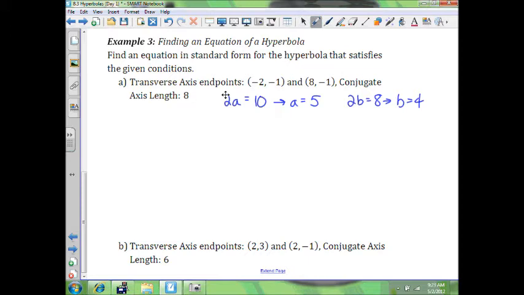Now your center of this hyperbola will be the midway point between (-2, -1) and (8, -1). Halfway between -2 and 8 is 3, and they're both -1, so we keep that. So that's your midpoint, and now we pretty much have everything we need. The only thing is you have to decide what equation you want to use. Because it is -2 and 8 here, we look at our chart.